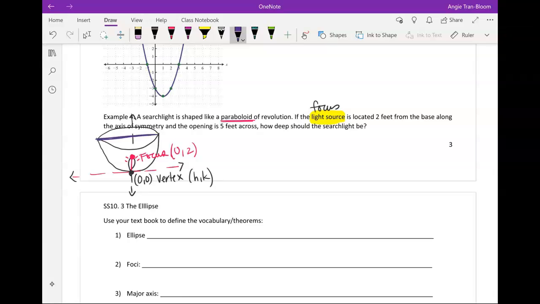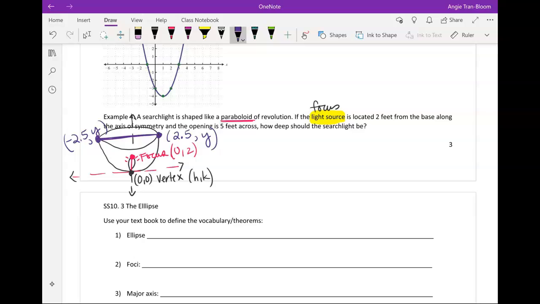So this is 5 feet across. What that means is that I know this ordered pair is (2.5 feet, some y value), and this ordered pair is (negative 2.5 feet, some y value). And again, when you can, always try to put the vertex at the origin.